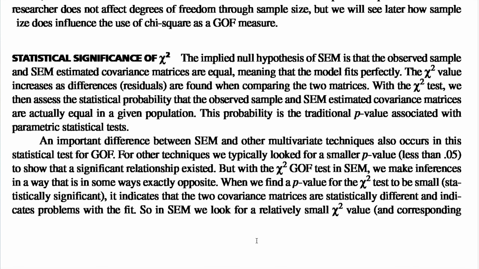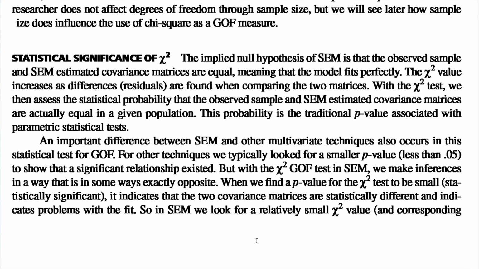An important difference between structural equation modeling and other multivariate techniques is the statistical test for goodness of fit. For other techniques, we typically look for a small p-value, less than 0.05, to show that a significant relationship exists.